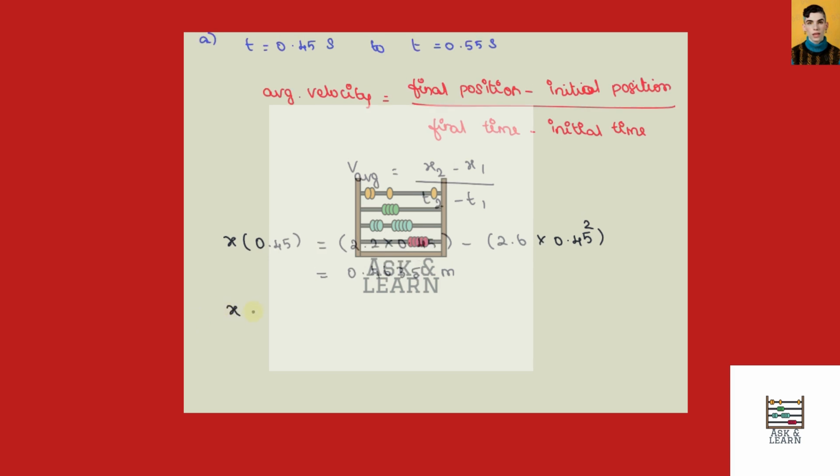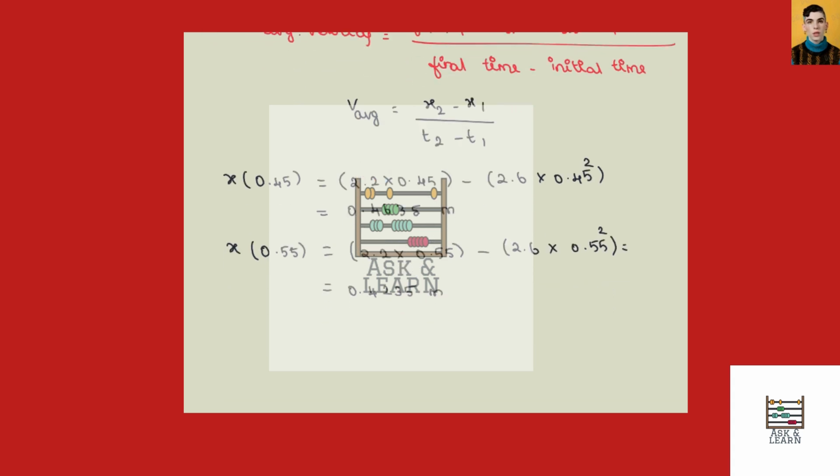And again, we have to find the displacement at the time 0.55. So this is 2.2 into 0.55 minus 2.6 into 0.55 squared, and we get the final position is 0.4235 meter.